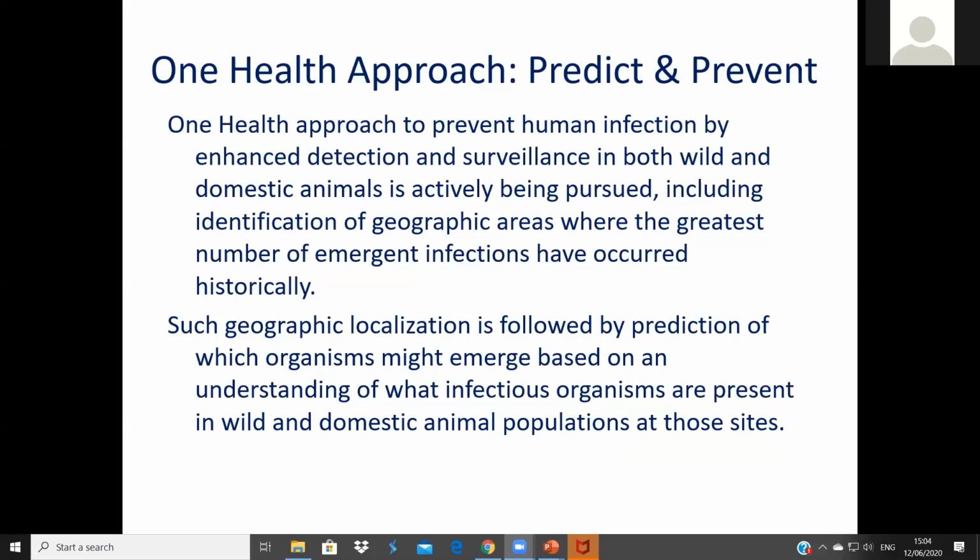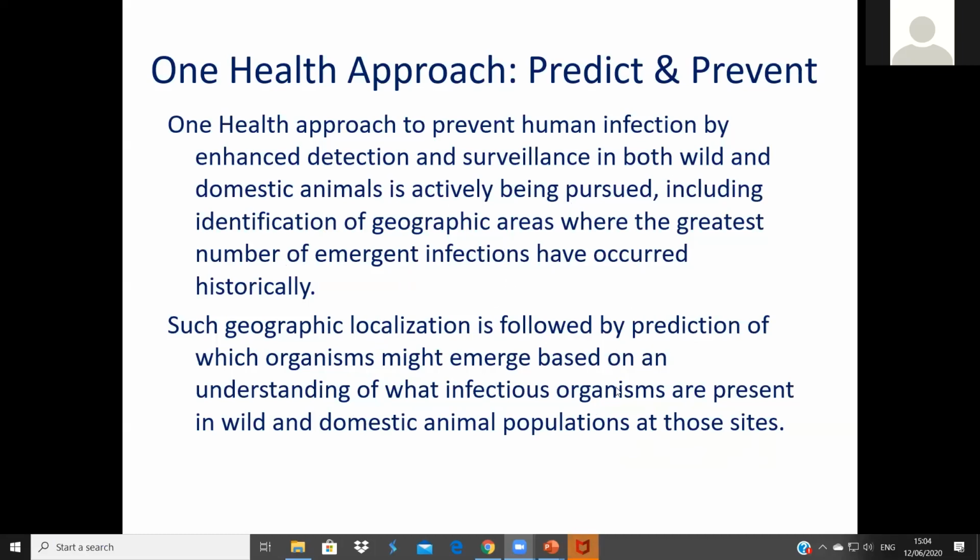So we have to prevent human infection by enhanced detection and surveillance in both wild as well as domestic animals. And such geographical localization is followed by a prediction of which organisms might emerge based on understanding of what infectious organisms are present in wild and domestic animal population at those sites which we look for.